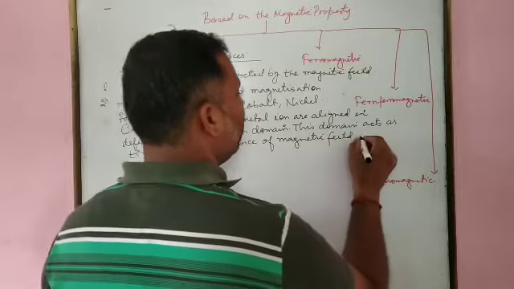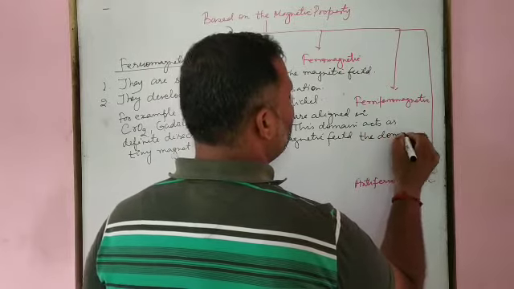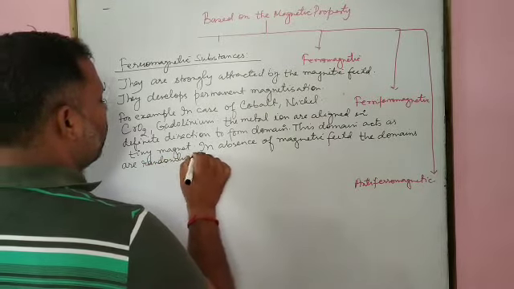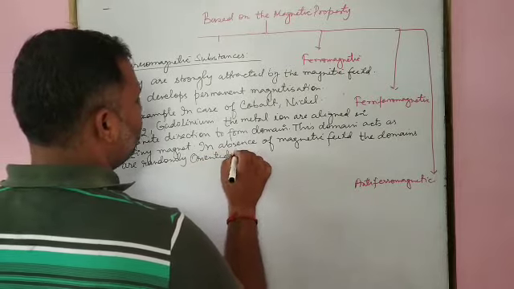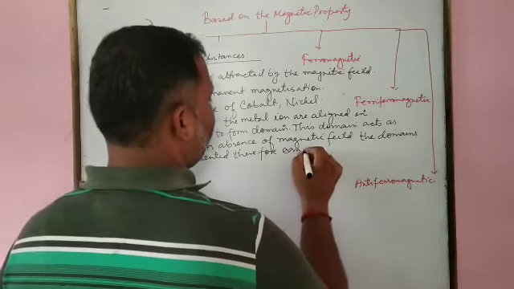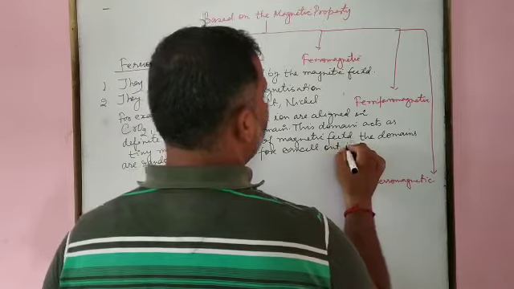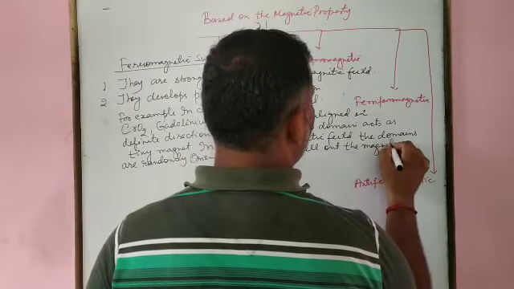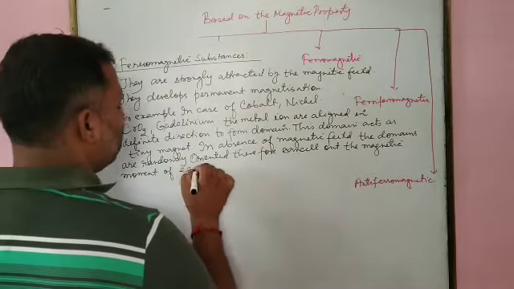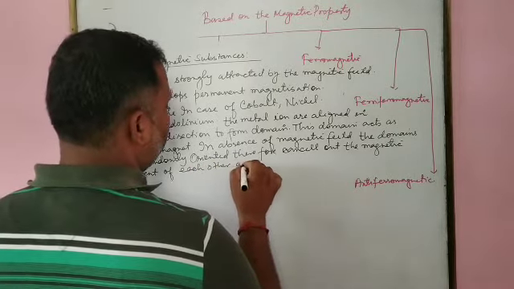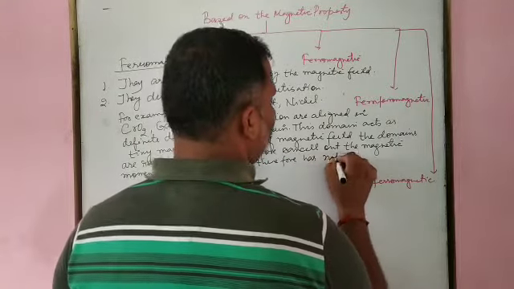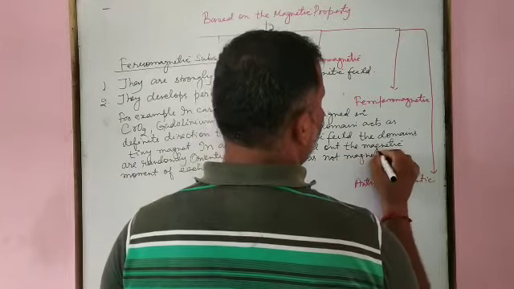In absence of magnetic field, the domains are randomly oriented, therefore they cancel out the magnetic moment of each other, and therefore have no magnetic character.